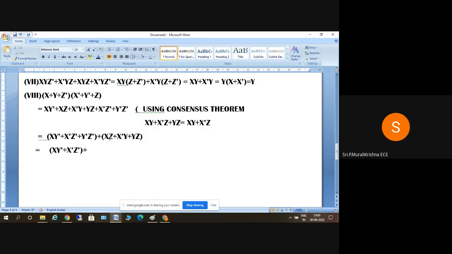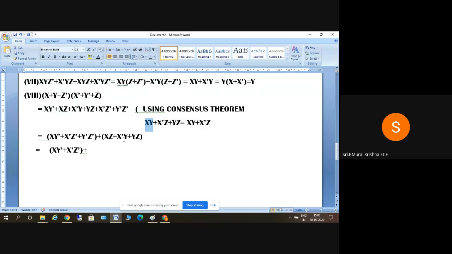Another simplification. Here yz is common, and we have z in place of y here, and y in place of z here. Compare this equation: I have xz here, but xy here, and x bar z here, and x bar y.